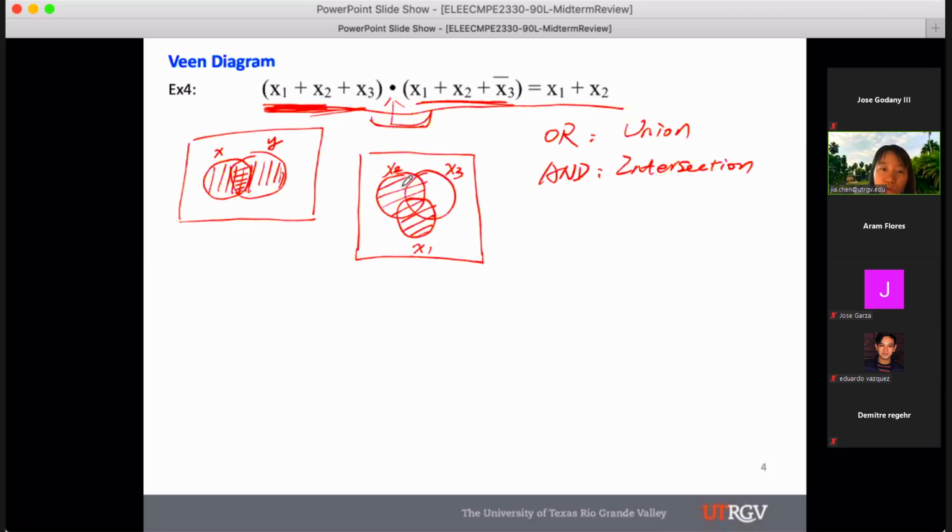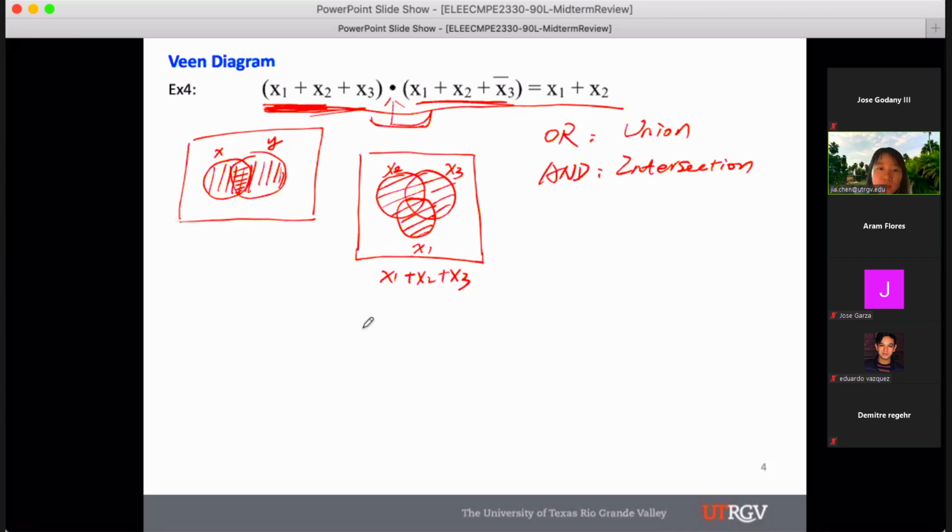Then this is your new variable, right? Then you add x3. That means the painted area unions x3, so you have to plot this area as well. So this result gives you x1 plus x2 plus x3. Okay, that's how you do it.